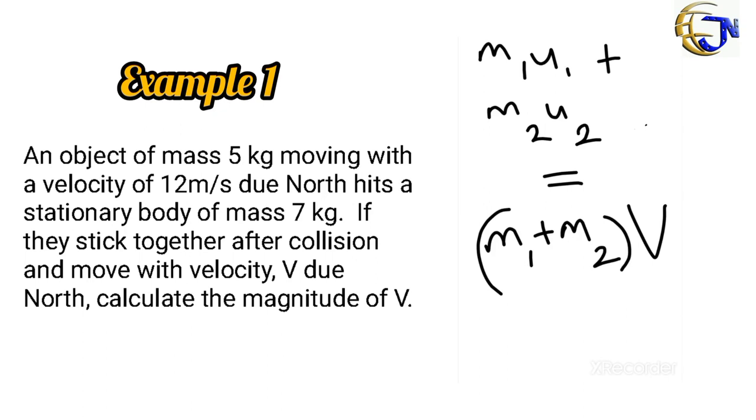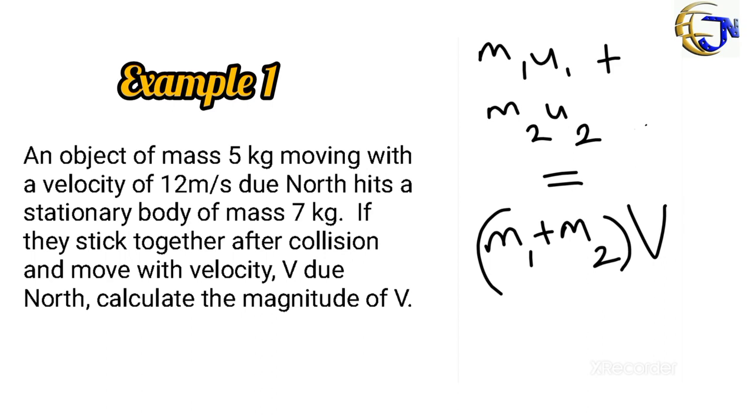Please, if you didn't watch the video on force, momentum, and impulse, go back and watch it so that you can follow through. Remember that momentum is the product of mass and velocity. So we got the momentum for the first body, M1 and U1, mass and velocity for the first body.